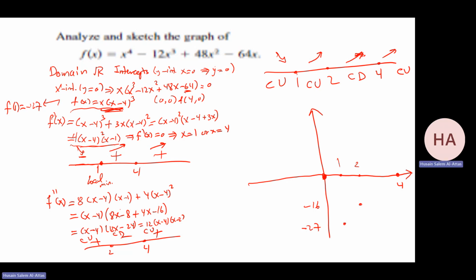Take a negative value, minus 1. It will be positive here. Minus 1 will give me 5 cubed, a very big number. So it will be concave up and decreasing.